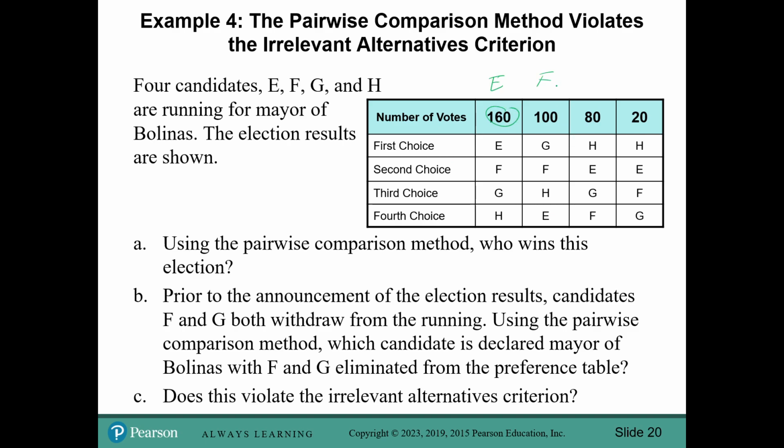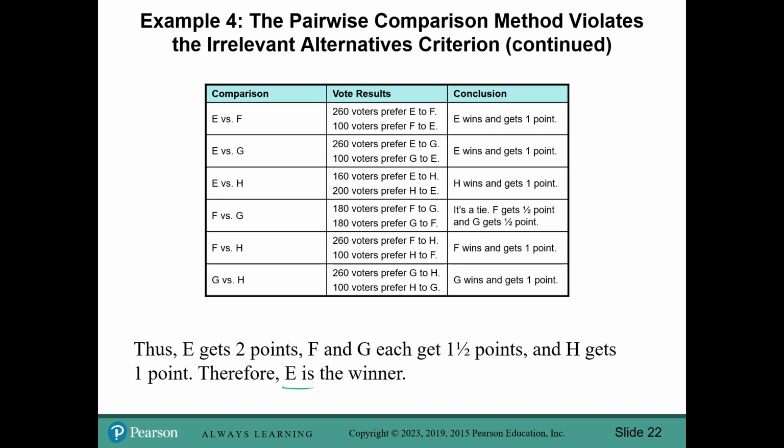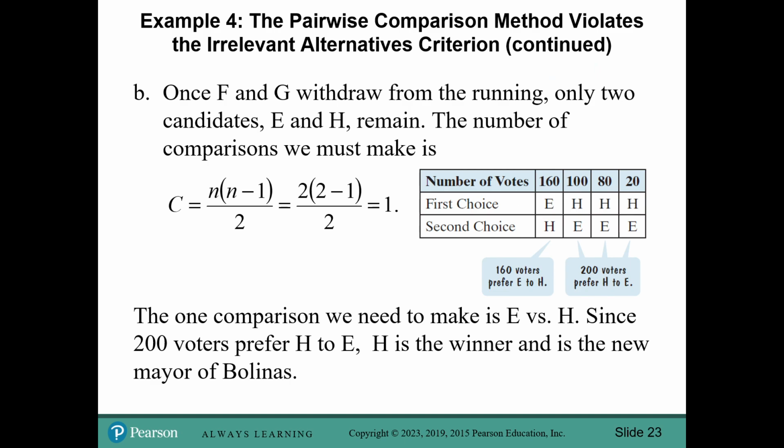F wins the second column because F is the bigger one than the E right here. So in this column, E beats F, so we get 80. E beats F, we get 20. So this is your E. This was the 160, and that's where we saw this number here of 260. Okay, just a short little review there.